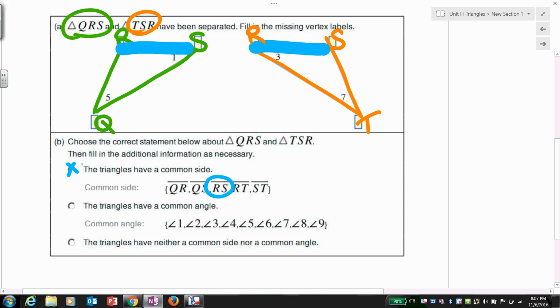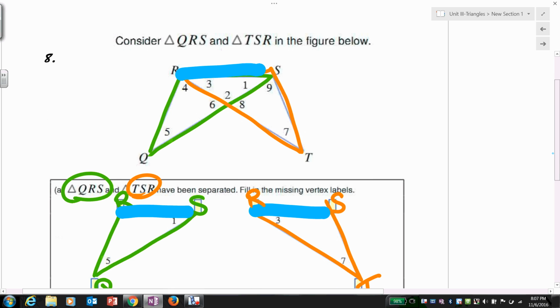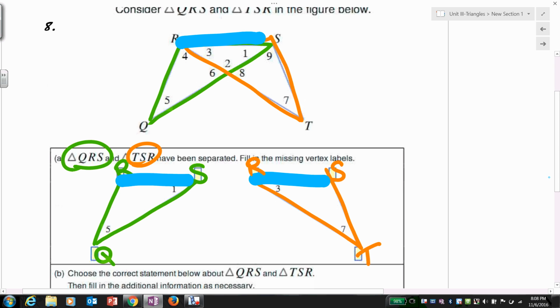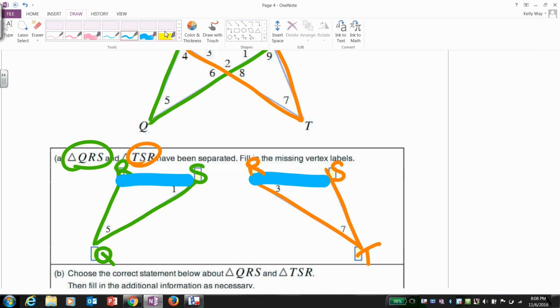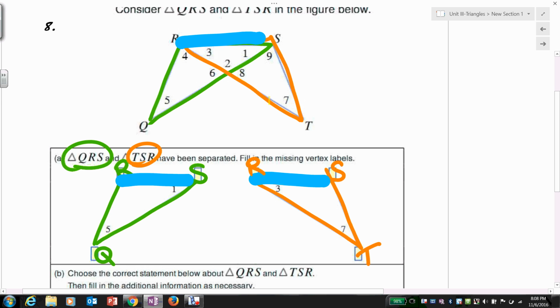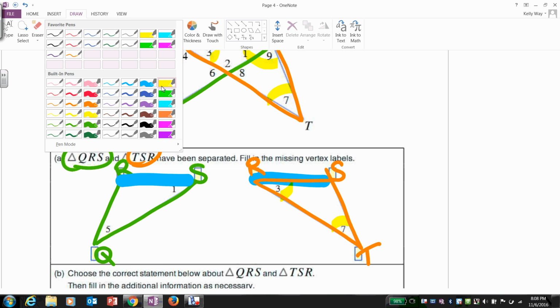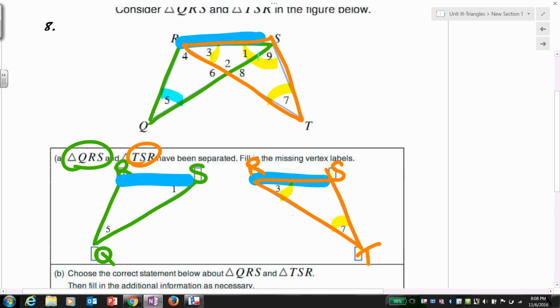Do they have a common angle? Do they have an angle that's exactly overlapping and shared? Look very carefully at all the angles here. I'm going to sweep them. In this angle, we have 7, 1 and 9 together, and then 3. So we come over here. There's not really anything there in common. Let's check here. 5, 4 and 3 together in 1.